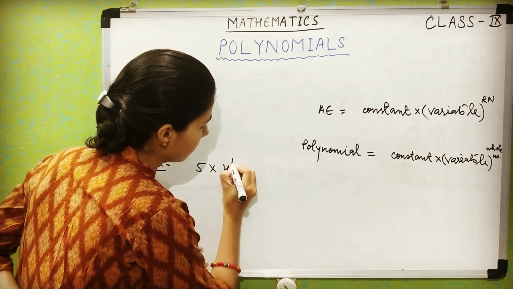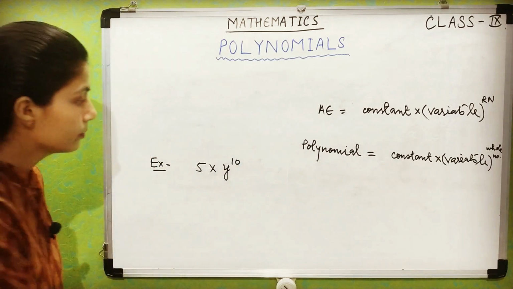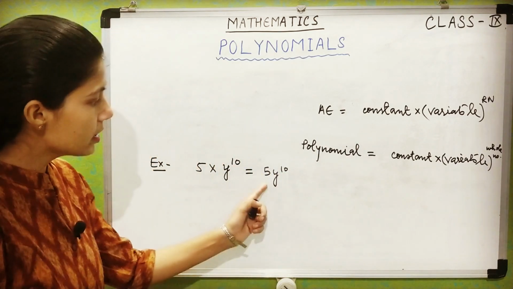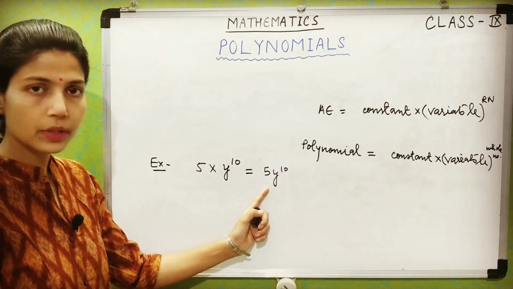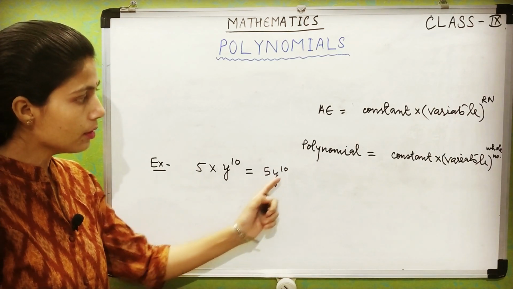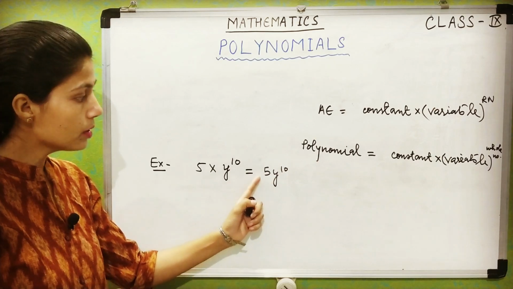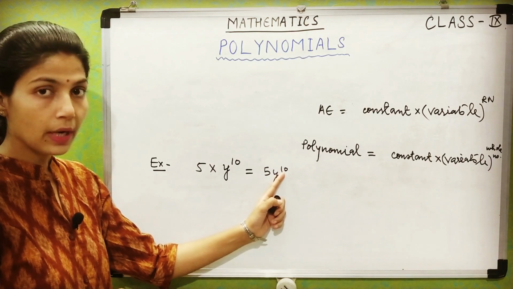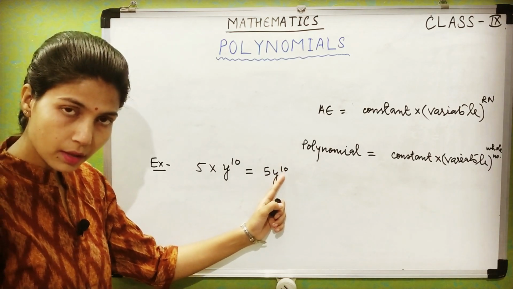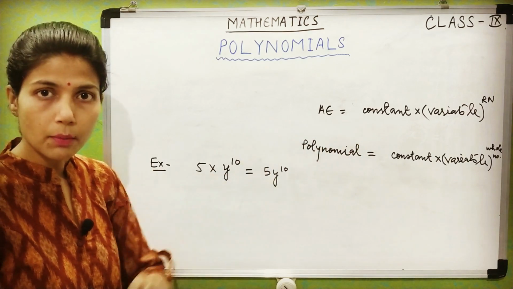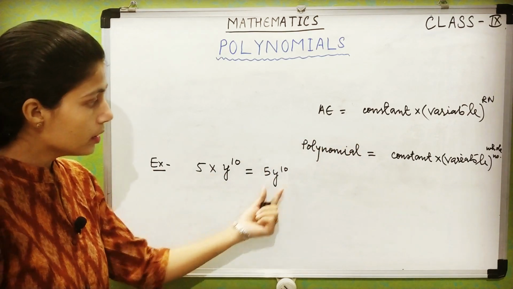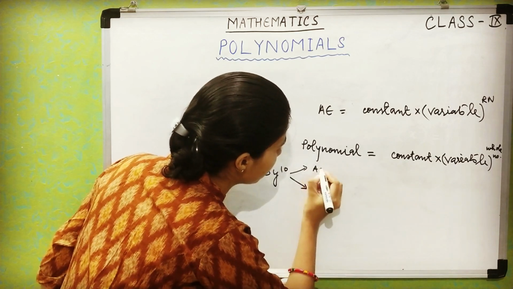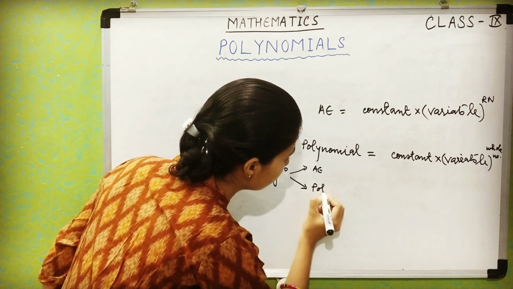So I have taken here 10. So it becomes like this, 5y raised to power 10. So it is an algebraic expression too, and also a polynomial, because constant into variable holding power 10. 10 is a rational number, also a whole number. Okay, so this can be both an algebraic expression as well as a polynomial.